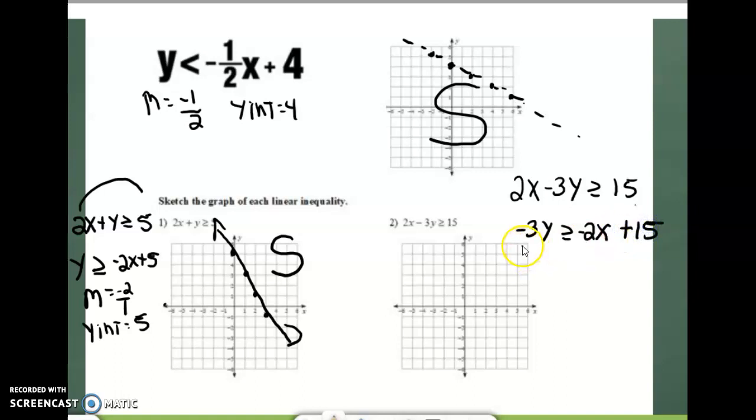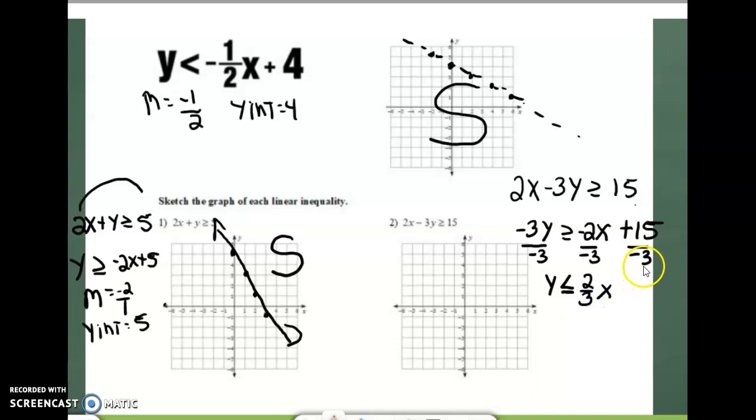Now, what are we doing? We are dividing. Now remember the golden rule with inequalities. Anytime I multiply or divide by a negative, I reverse the inequality sign. So I flip the sign, and then 2 negatives would actually give me a positive slope.